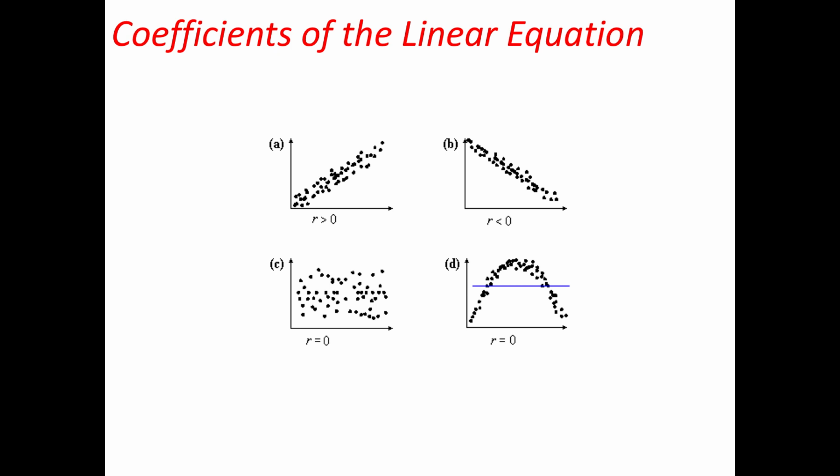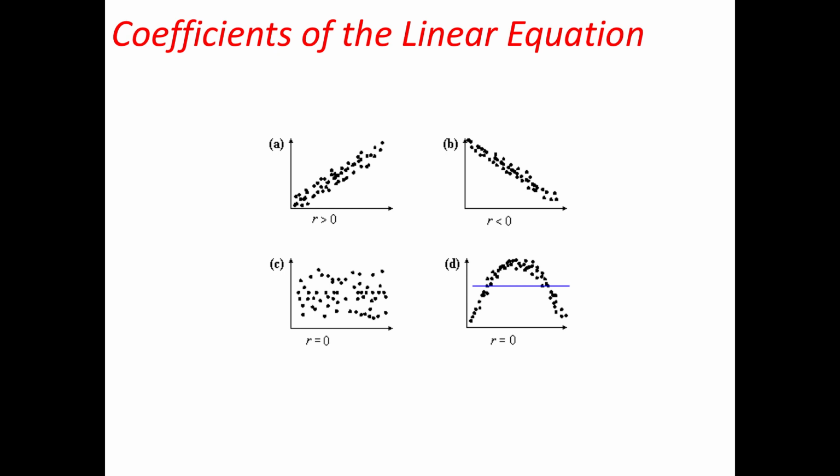Second, the fact that there is no linear relationship, in other words, the correlation is 0, does not imply there is no relationship altogether between the x and the y. Use scatter plots to explore whether other possible relationships may exist. These 4 graphs illustrate 4 possible situations for the values of r.